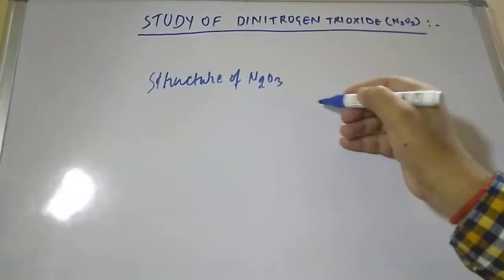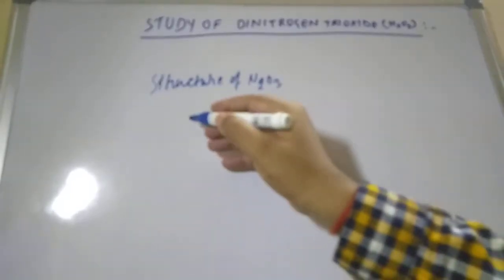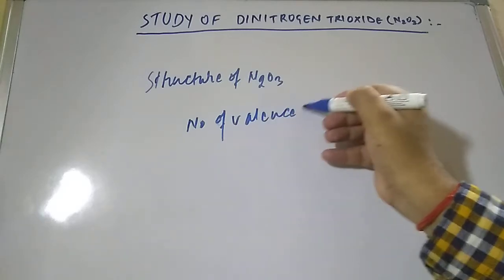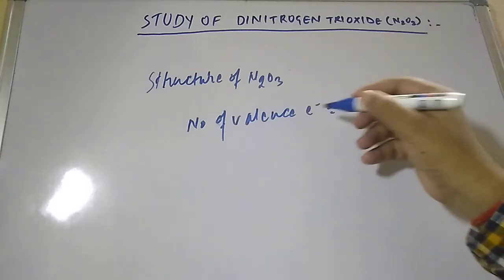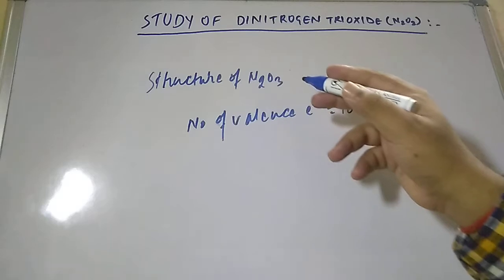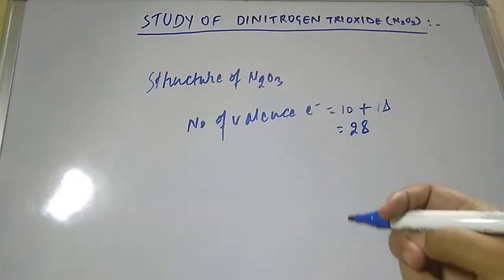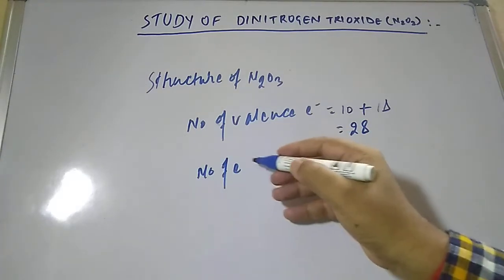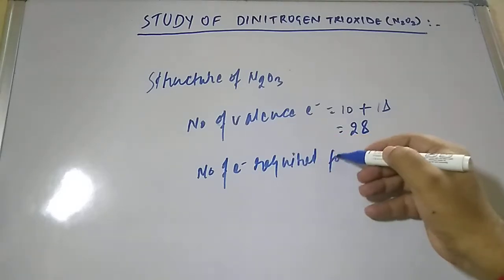First, the number of valence electrons. 2 nitrogen atoms give 2 times 5, that is 10, plus 3 oxygen atoms give 18. So the total number of valence electrons is 28. Now the number of electrons required for octet.